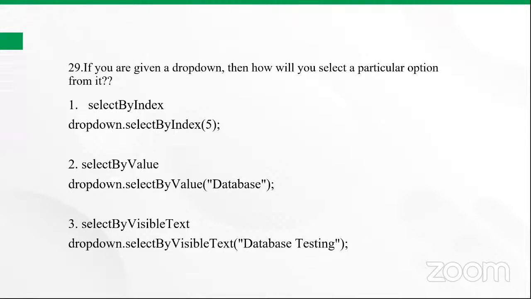Value is just like any other attribute, like ID, name, link text. If you inspect that element, you can see value written. Value is equal to something. So that is what we are referring to here. Select by value. Yes, we got it.